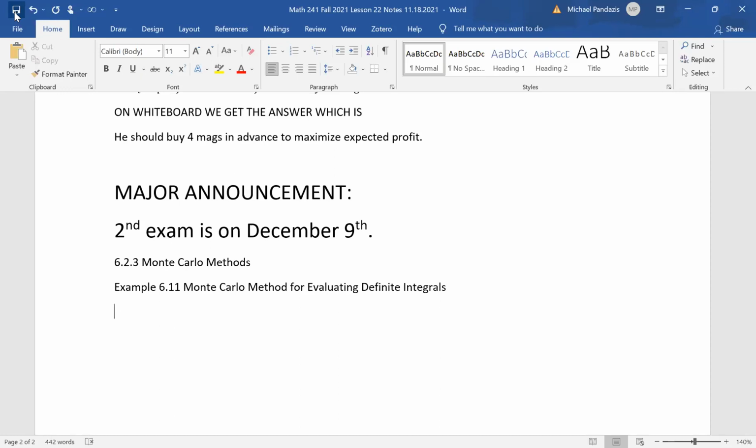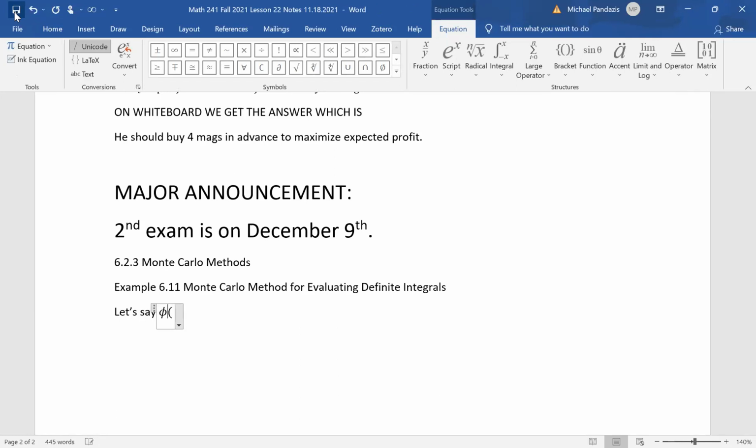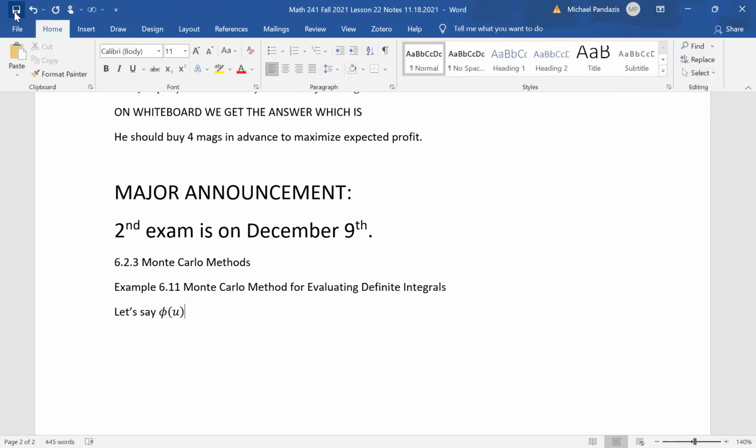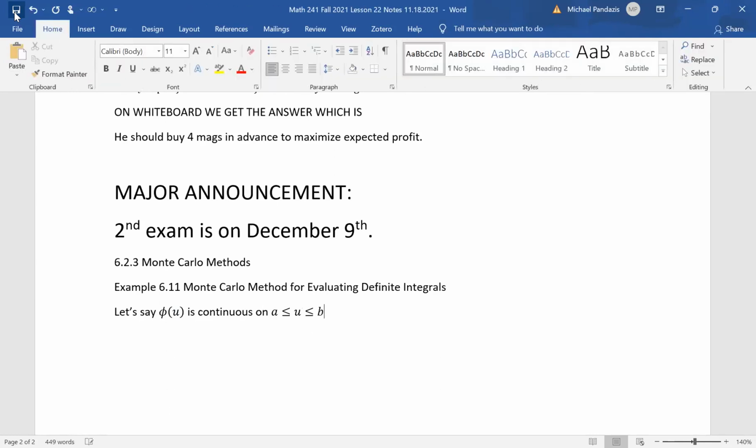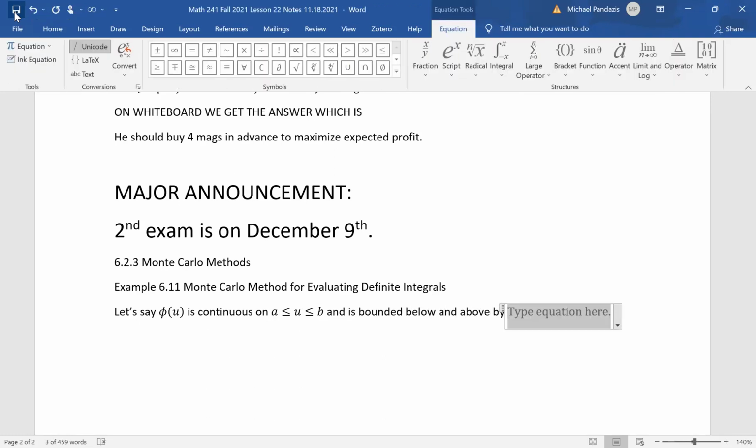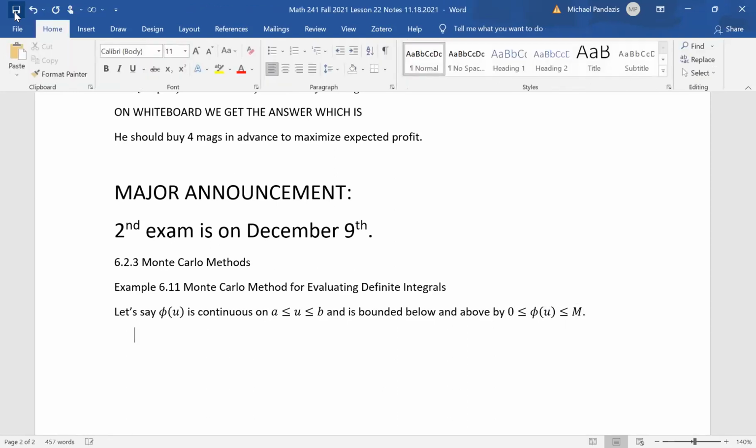Let's say that phi of u is continuous on a less or equal to u less or equal to b, and is bounded below and above. So 0 is less or equal to phi of u, which is less or equal to capital M.